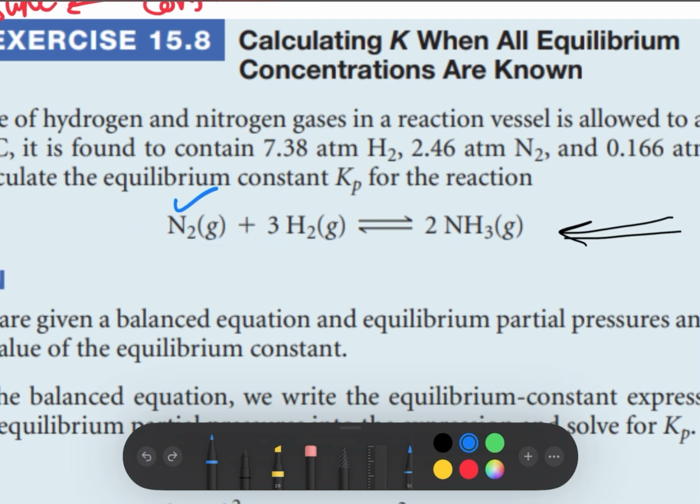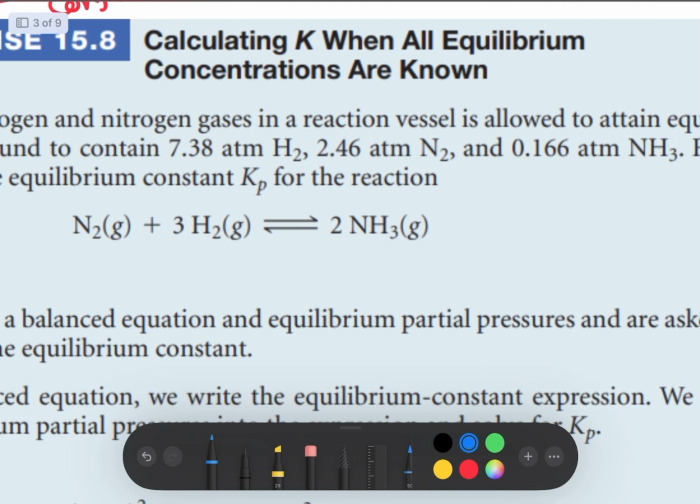Now, if I want to write the expression of Kp, you should write the partial pressure of the products over the partial pressure of the reactants. The product here is ammonia, so you write P of NH3.